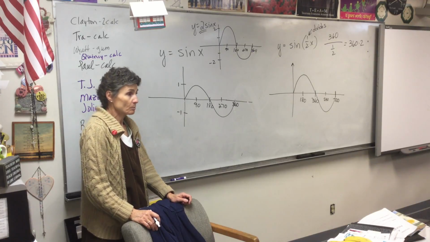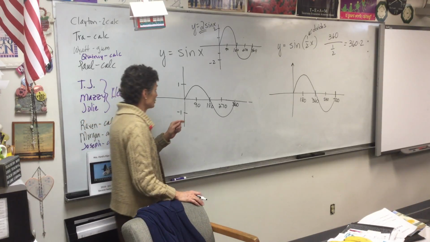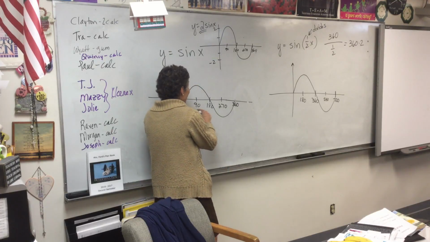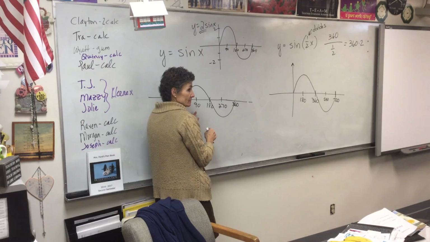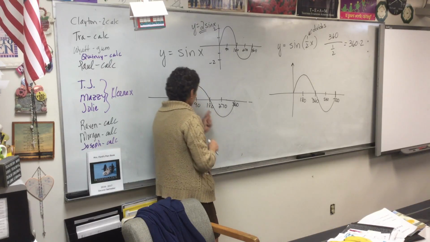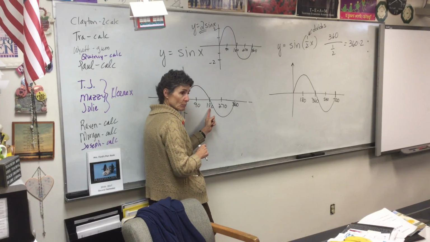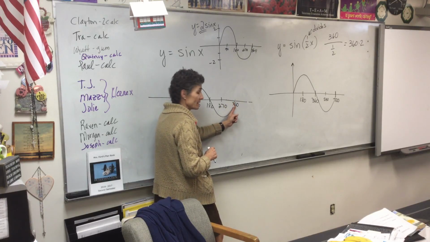Now, if it helps you, divide all of these by 1/2. That's basically what we did. Everything got doubled. So that became a 180, that became a 360, that became a 540, that became a 720.